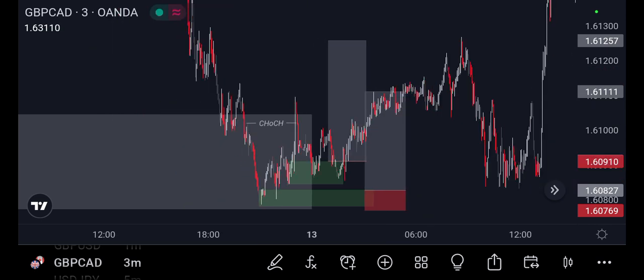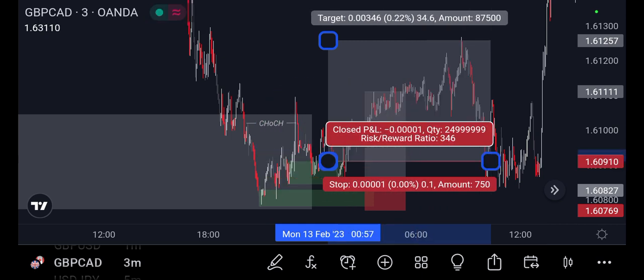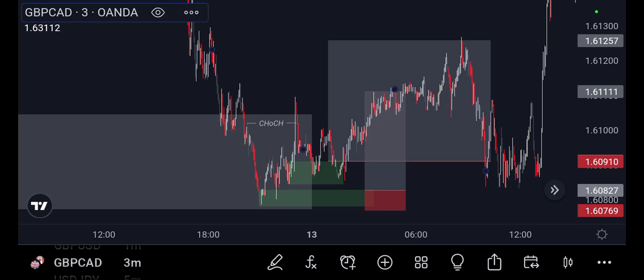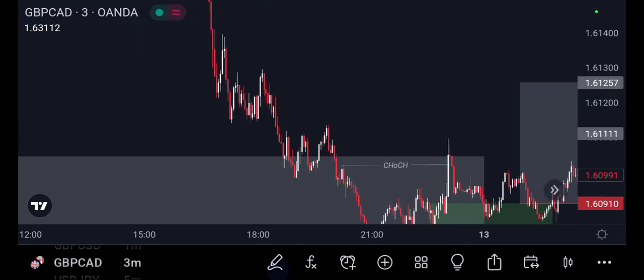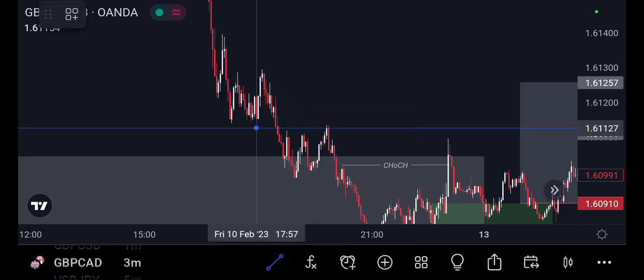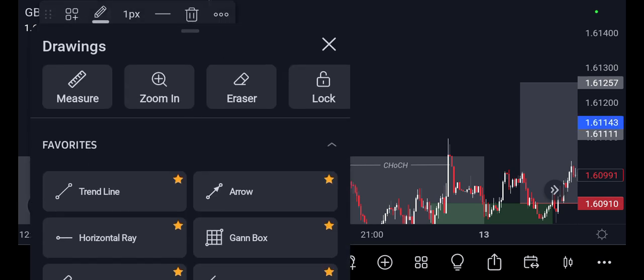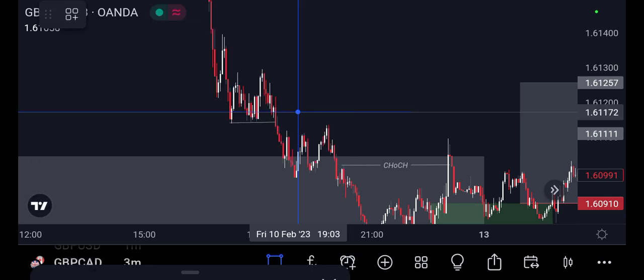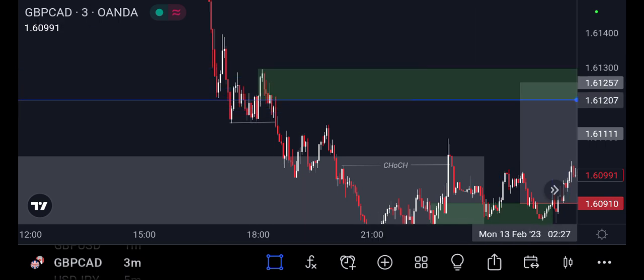So like here now, price has already hit your TP, and that is it. After hitting TP, watch how it reversed. And this is why I said to place it as take profit, because there was a break of structure to the downside here. Price was originally in a downtrend. So this is the last buy candle before the sell candle that led to the break of structure, right here.